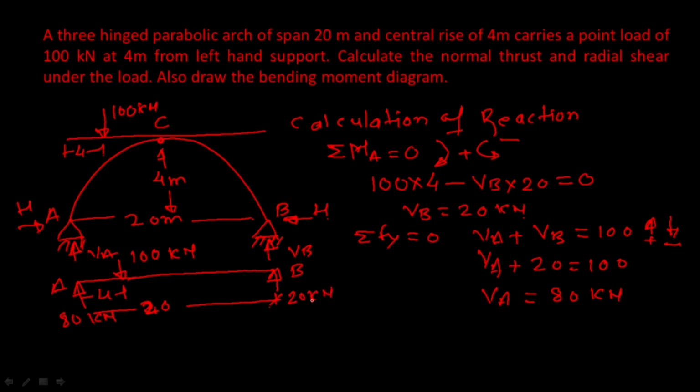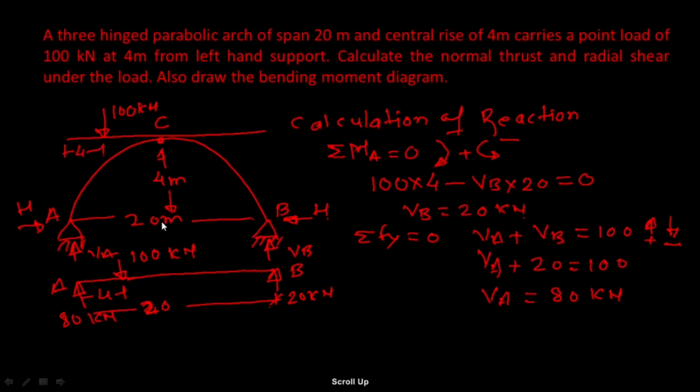Now next is the calculation of the horizontal reactions, that is the reactions at A and at B. For that we have to apply the condition sigma MB equal to 0, and take the moment either from the left side or from the right side. So we are taking the moment from the left side.